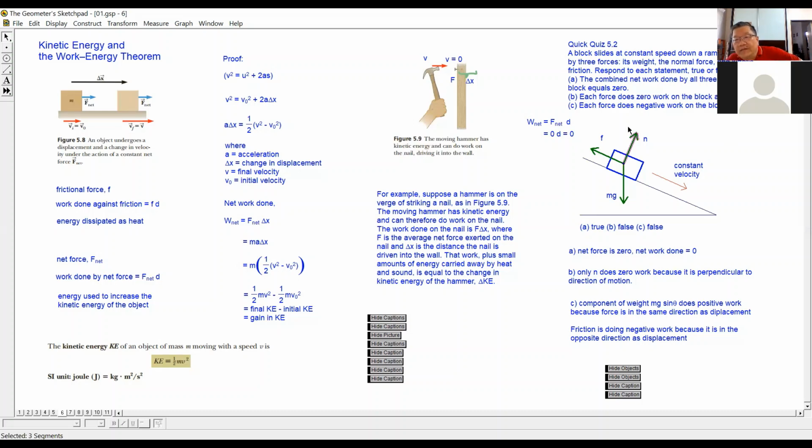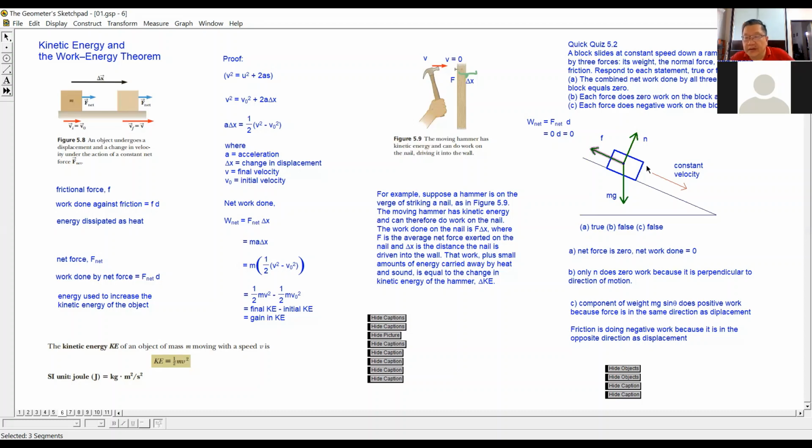Now, the frictional force is going up and your object is moving down, but they are parallel. So the frictional force is doing negative work, because it is pointing up whereas the motion is down. It is not zero.